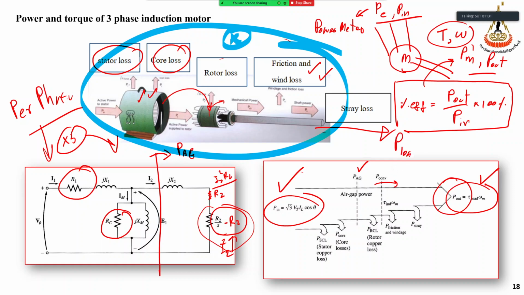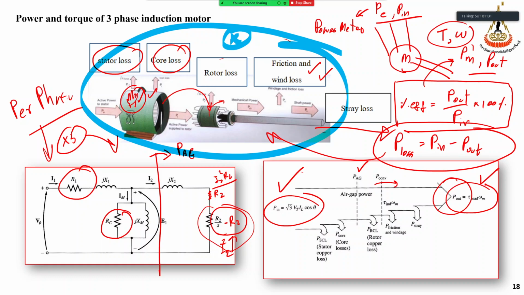P loss of the motor will be P in minus P out, right? This is the total loss of the motor. In minus out means the loss. Usually the loss is dissipated into heat. When the motor operates, the ambient around the motor or the frame of the motor, when we touch it, you will feel it's hot, right? That is the loss of the motor.